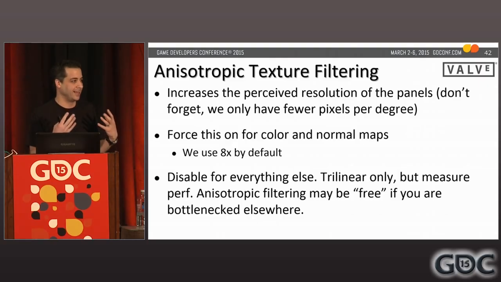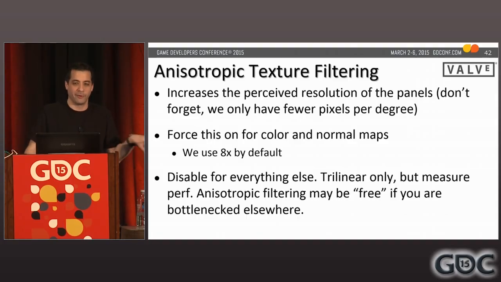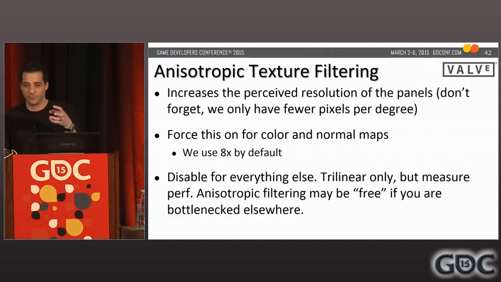Your brain buys into thinking that you're looking at a higher res panel. Absolutely do this. You can crank anisotropy up and crank that render target scaler down, and you can find this balance where it feels like it's the same res and much cheaper to render. Definitely play around with anisotropic texture filtering. We have it turned off for everything else, though. Everything else gets trilinear, that's it, because it makes no big difference visually. We have to keep our performance as high as possible.